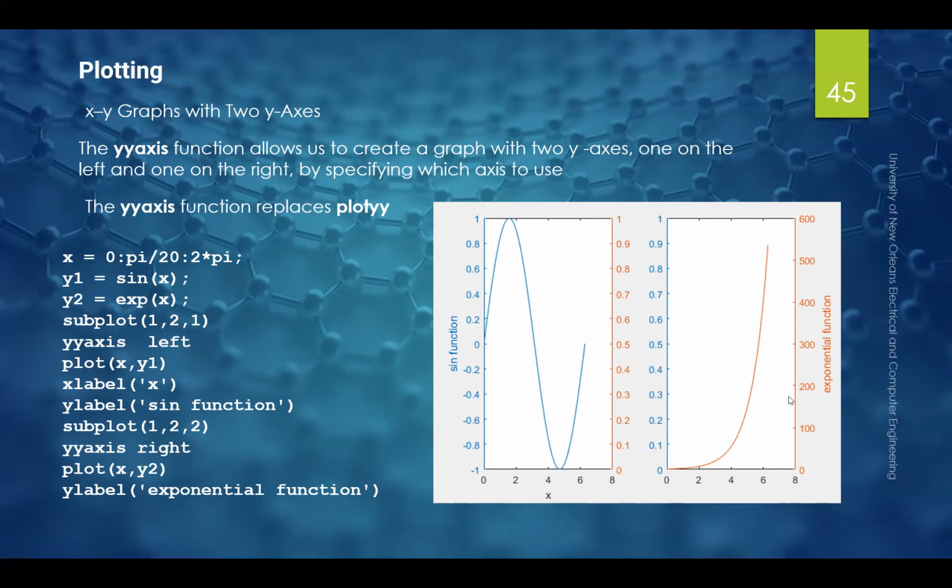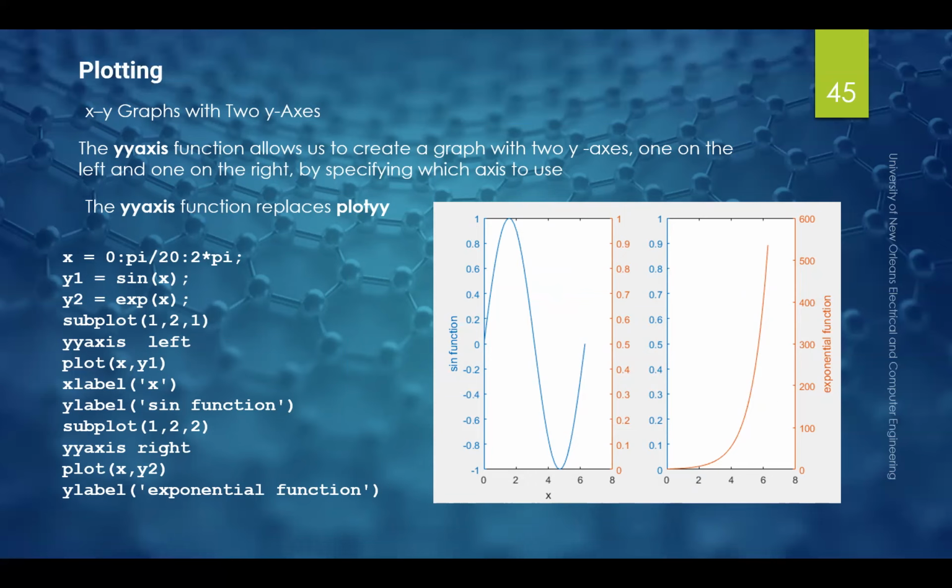You can see here in this figure we have one axis on the left and one axis on the right, which could be useful if you want to show something back to back like this. And this yyaxis function is going to replace the plotyy function. You may have seen plotyy, and I think your book still uses it.